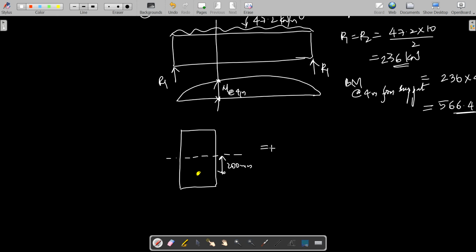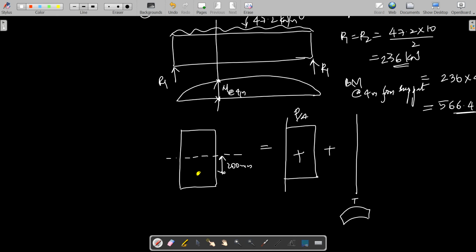So these stresses, I can write as direct stress, that is plus P by A, plus the bending stresses, that is bending stress is coming like this, top tension, bottom compression, that is P into E into Y by I, negative, positive.